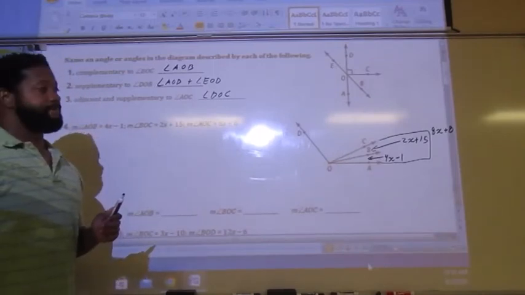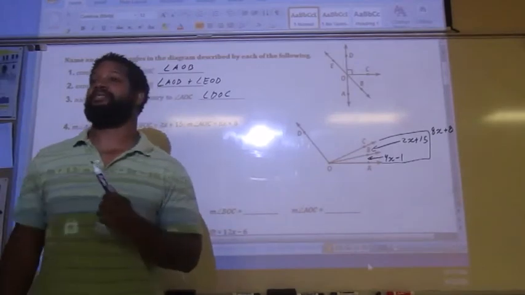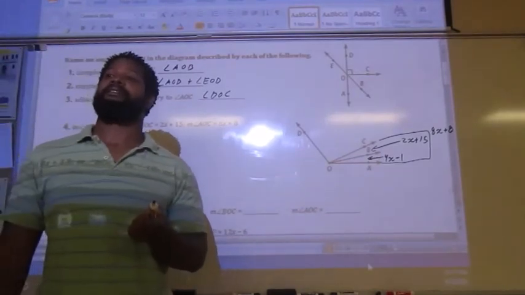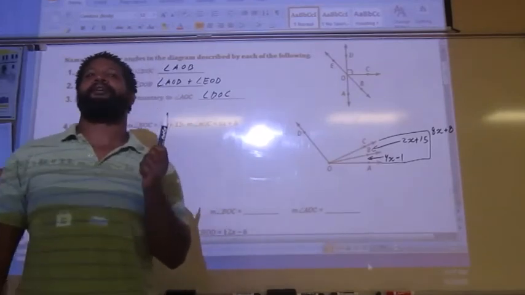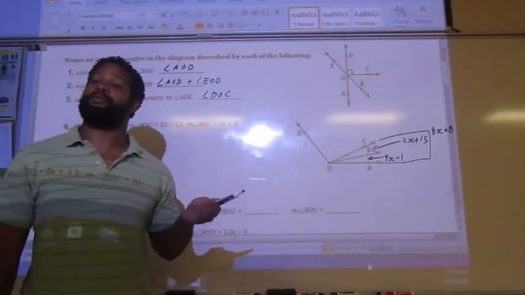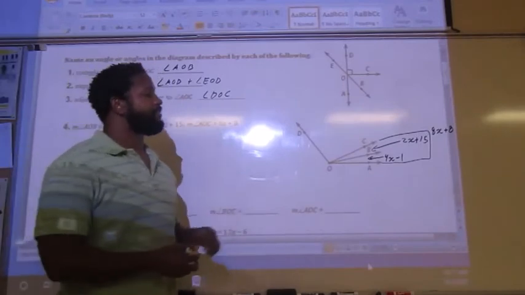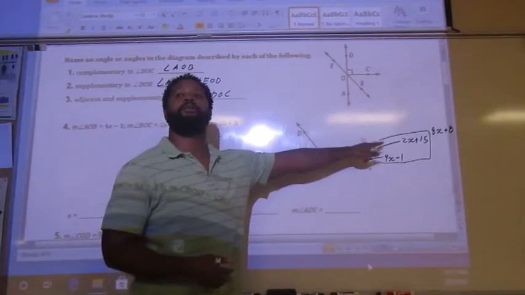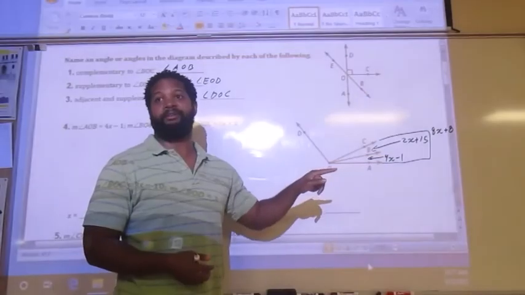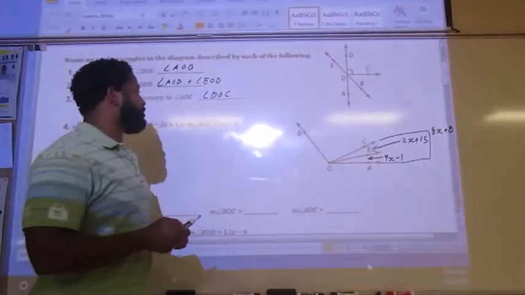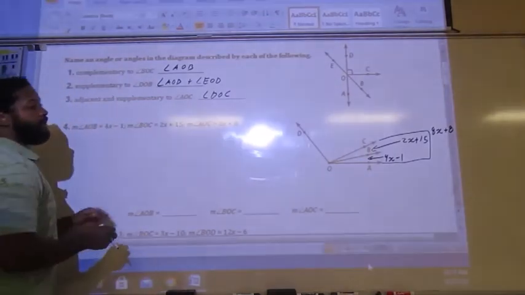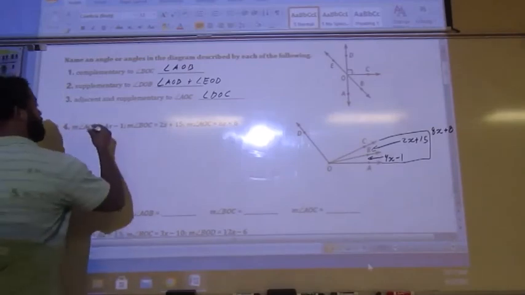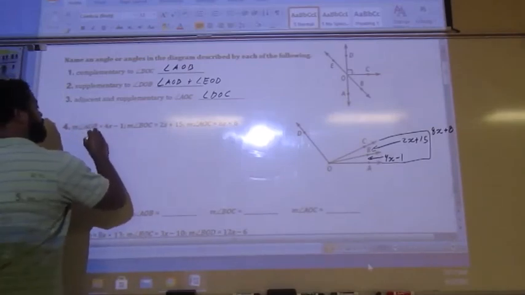It's a multi-step equation, but not only that, it is also one of your definitions. This is where it drives home part plus part equals whole.